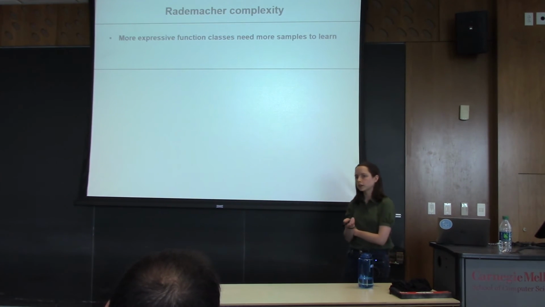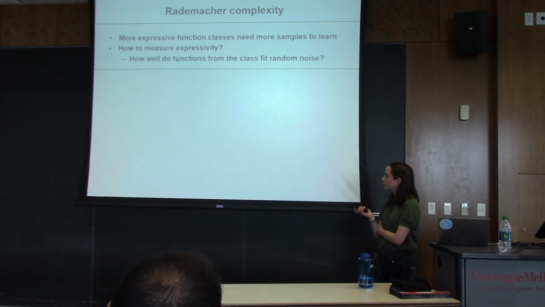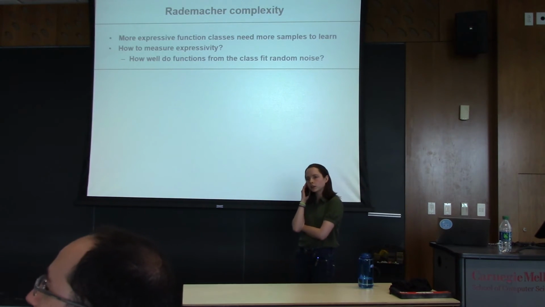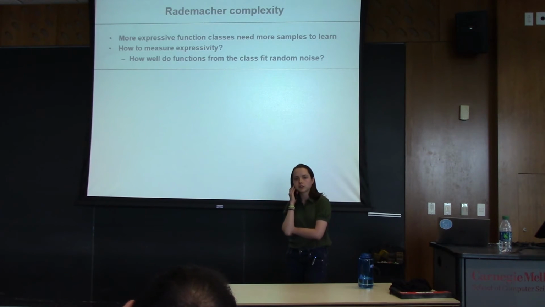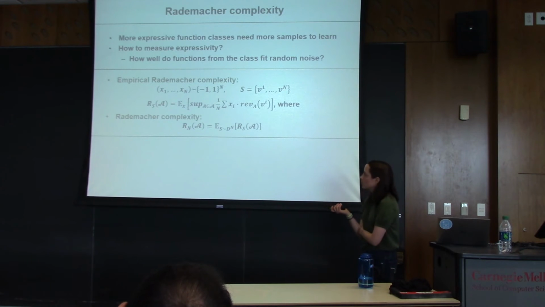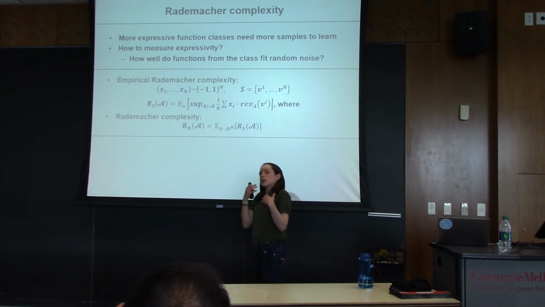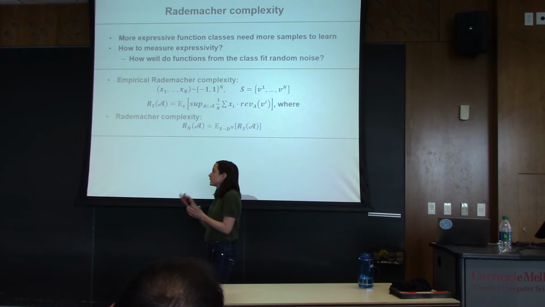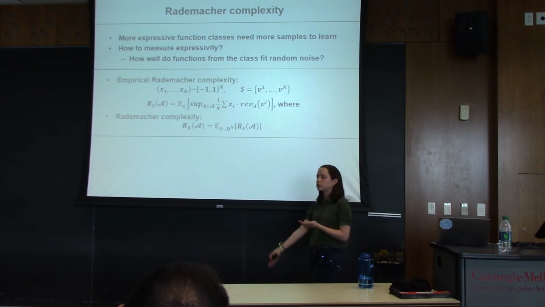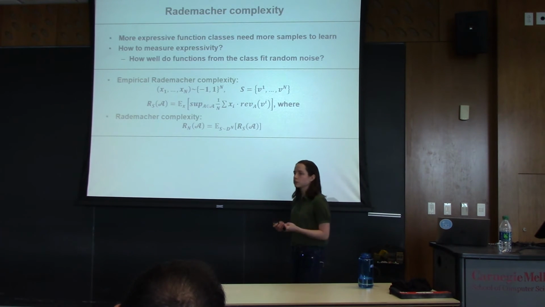But how do we quantitatively measure the expressiveness of a class of functions? One idea would be to see how well functions from this class fit random noise. Rademacher complexity makes concrete this intuition that we can measure the complexity of a class of functions by seeing how well it fits random noise.